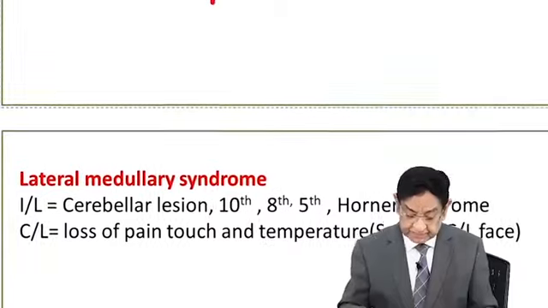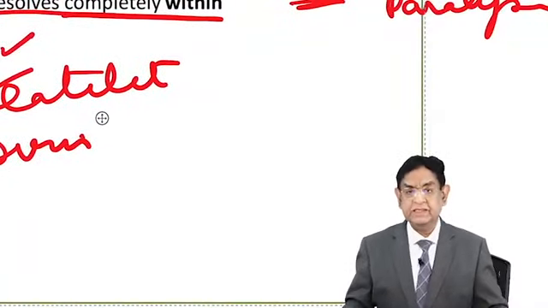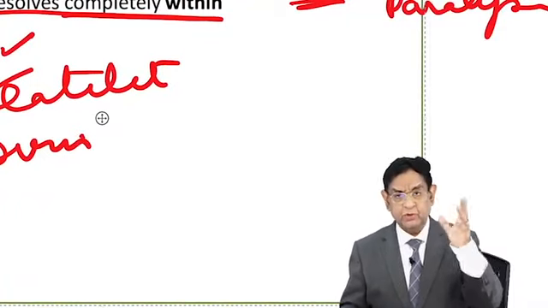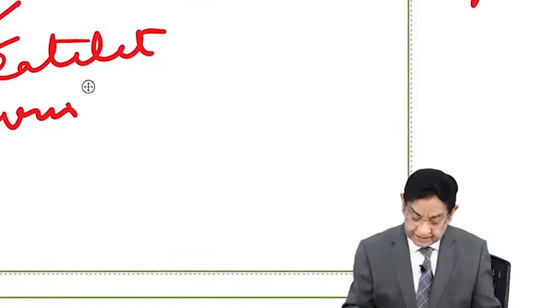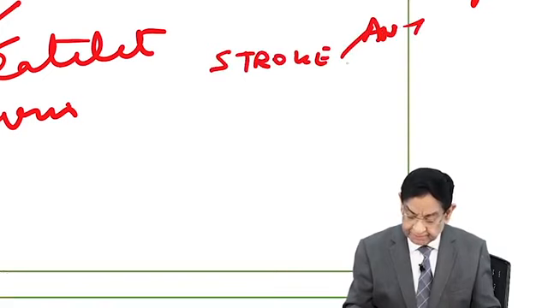So with this background of stroke, let's learn. When we talk about stroke, it may be anterior circulation or it may be posterior circulation.